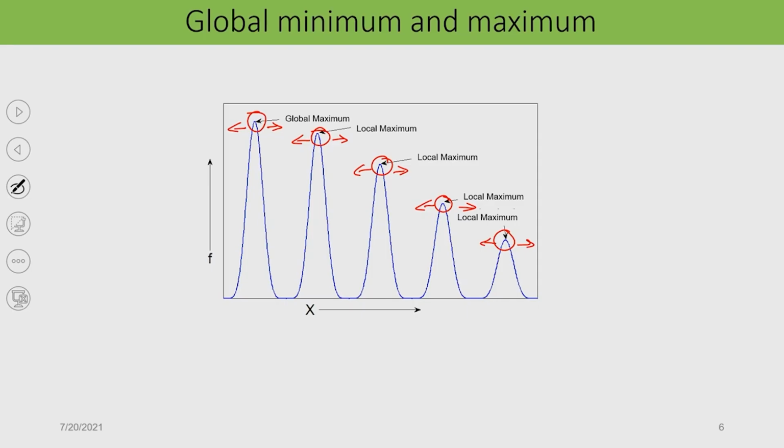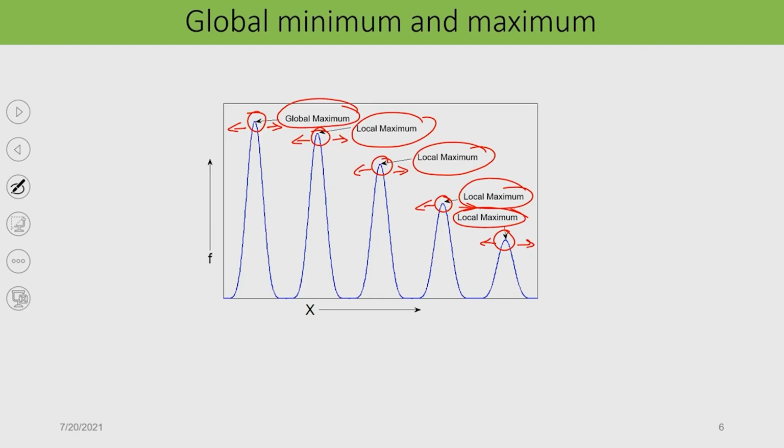Now, if I compare these 5 solutions, one of them is the base solution, and you can say this is the global maximum point, and the other solutions are local or relative maximum points.